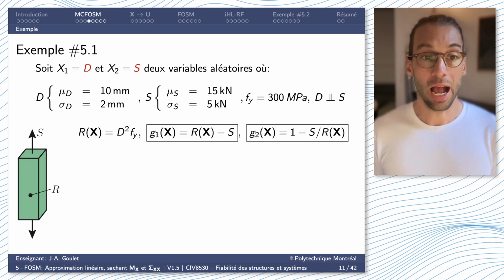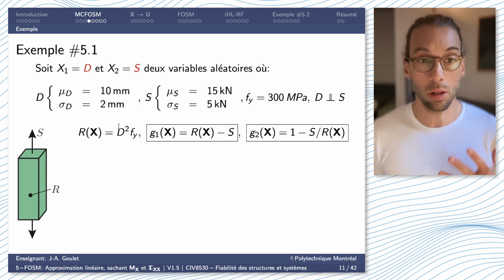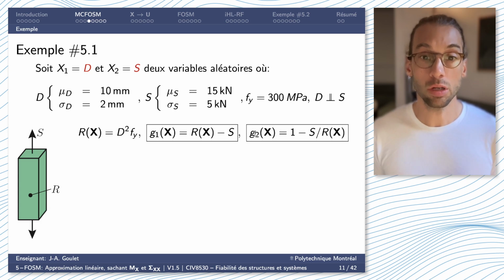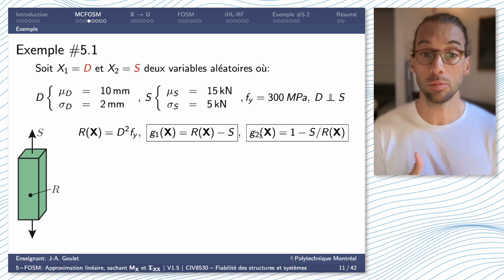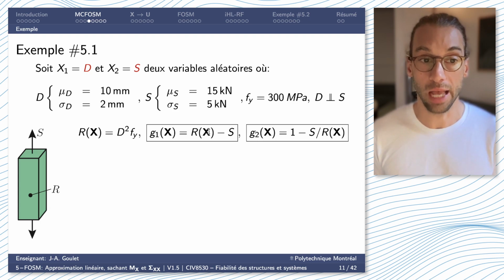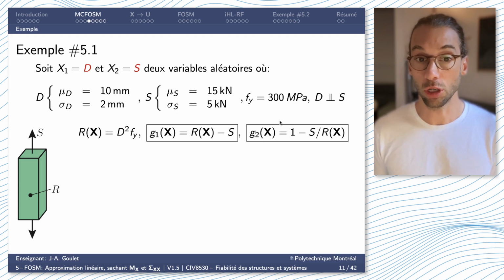Here I can formulate, using this solicitation and resistance model, two different limit state functions that are both admissible. The first one could be R minus S, the classic one. A second one could be 1 minus S over R. Keep in mind, if S is larger than R, that gives something larger than 1, and 1 minus something larger than 1 is negative.